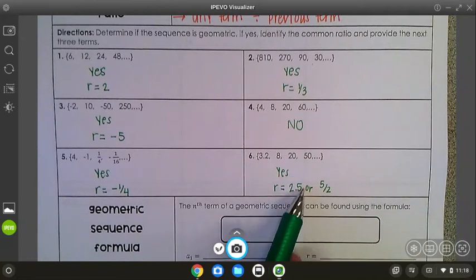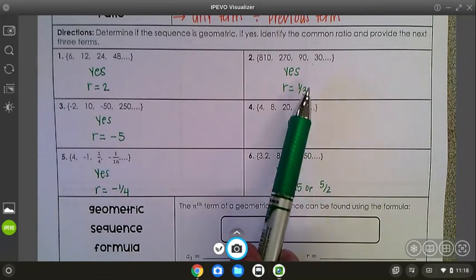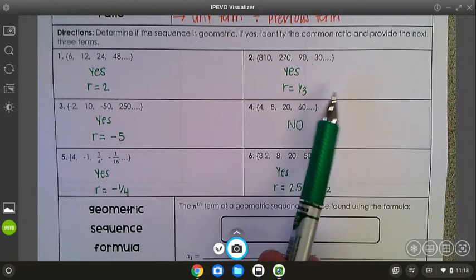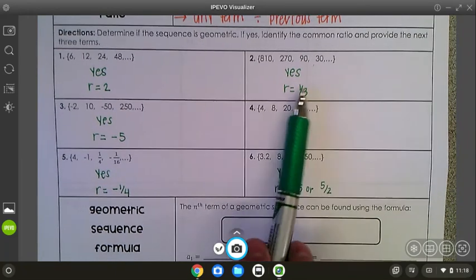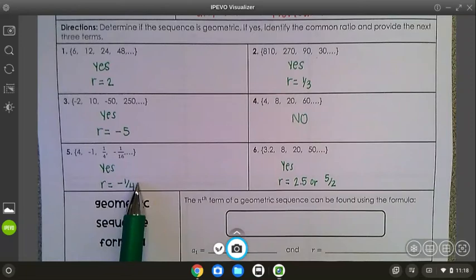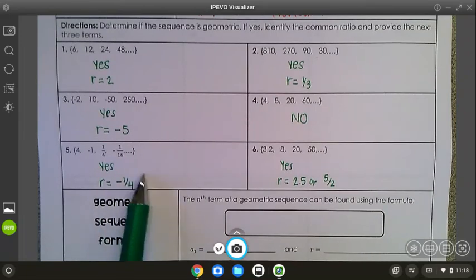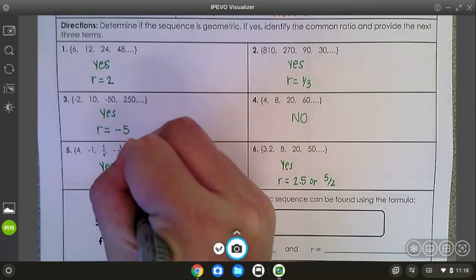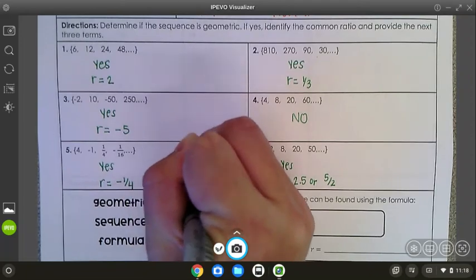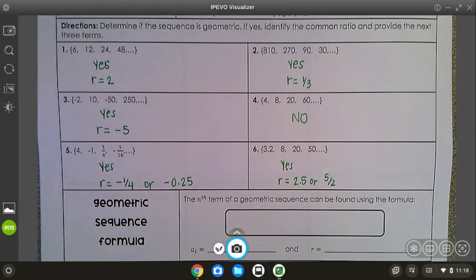If it's a decimal that stops, it's okay to leave it as a decimal. Up here, you would have got 0.333333. So that one needed to be a fraction. This one you could have done -0.25, either one.